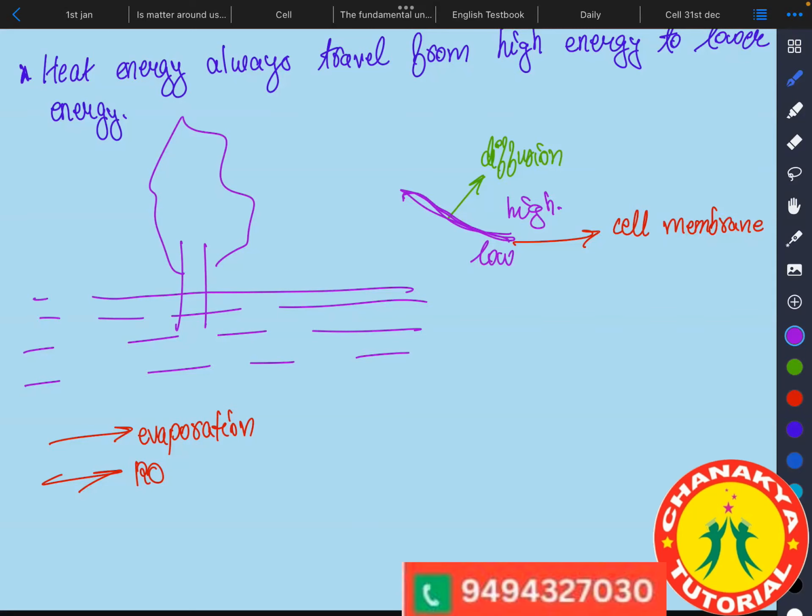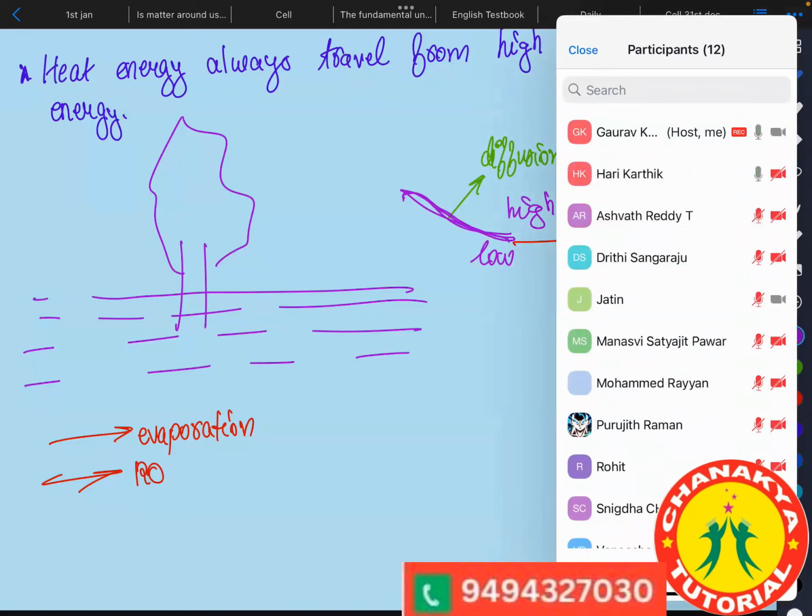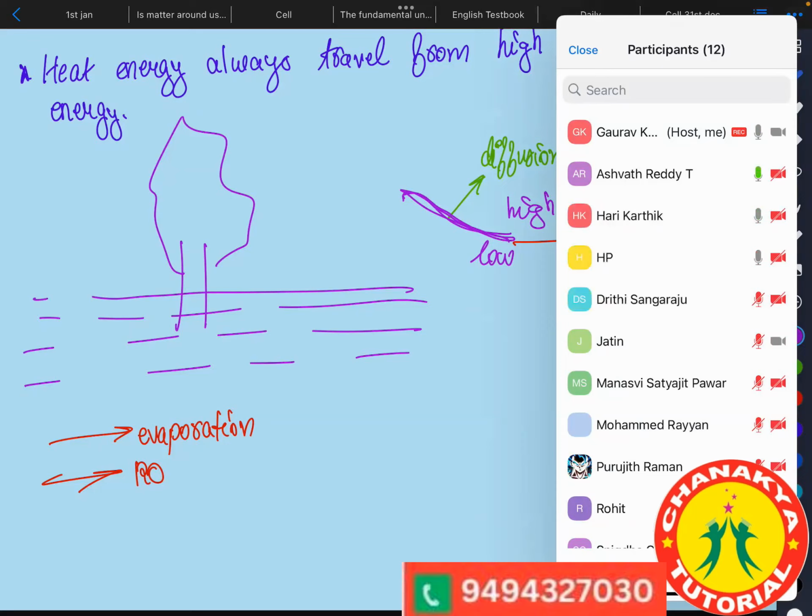Okay, very good. Like Harikartik told, there is also another force: the leaves transpire so that there is less water concentration in the xylem, so that it creates a suction pull.